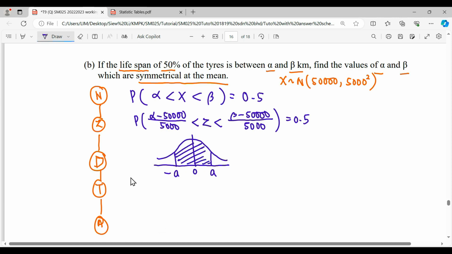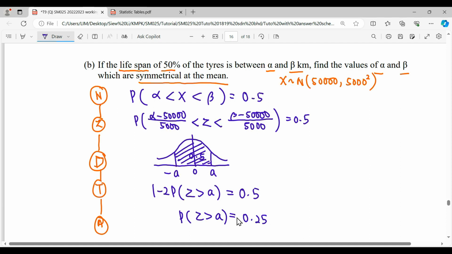So from the table, in order to get this area 0.5, we need to calculate 1 minus the right tail of A, where one is the positive tail and one is the negative tail. So we need to minus 2 right tails, which equals 0.5. So we simplify this, where our right tail reading will give you 0.25.